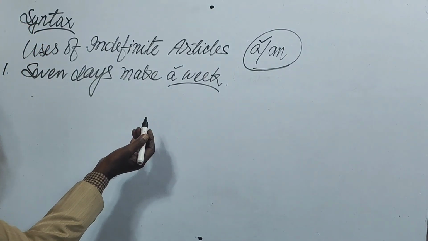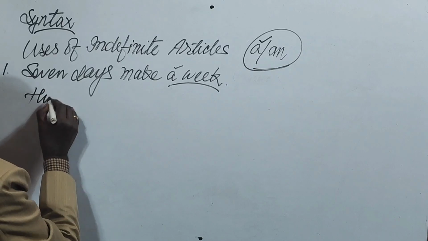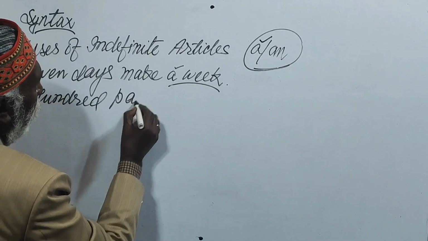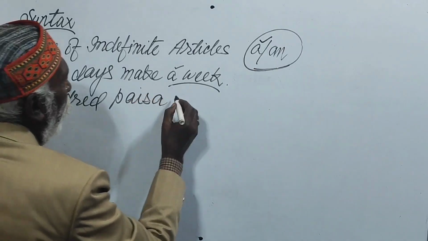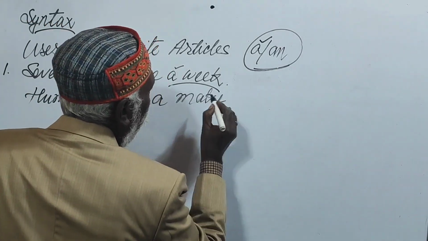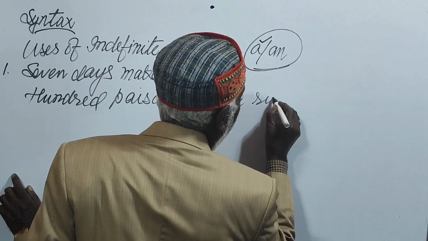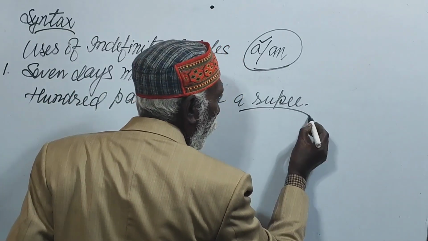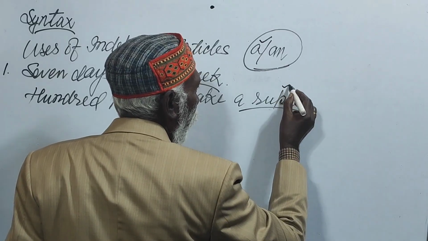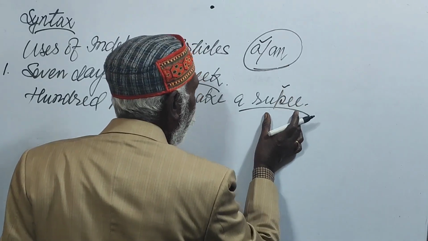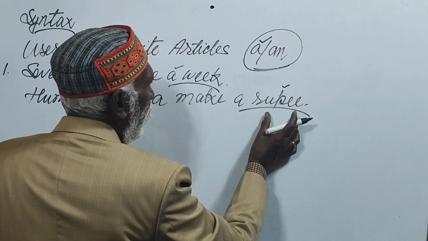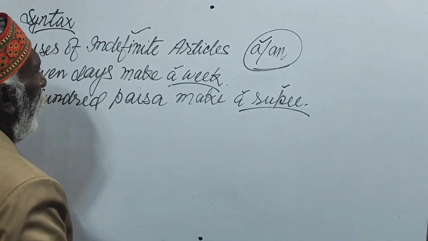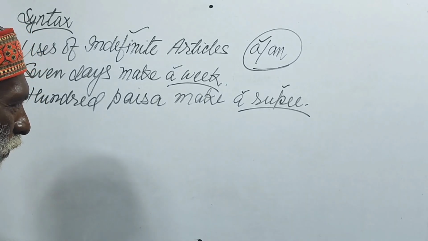Likewise, another sentence: 100 paisa make a rupee. A rupee, here countable, singular noun. So a has been used. Now it is an indefinite article.